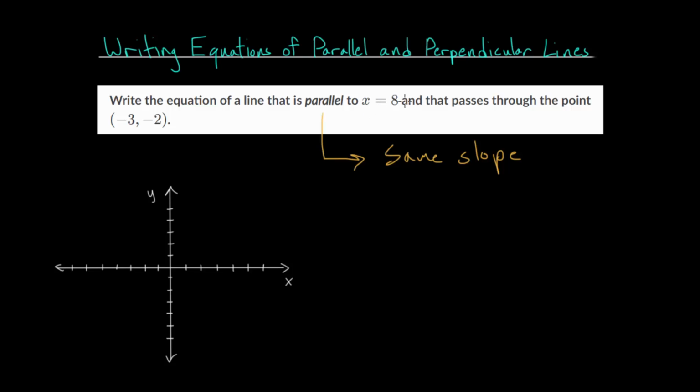And since x is equal to 8, every point on the line will have this to be true, that the x value of every point on the line is equal to 8. So we can find an x value of 8, and for this, let's just use a scale of 2. So 2, 4, 6, 8. And here is our x value of 8.